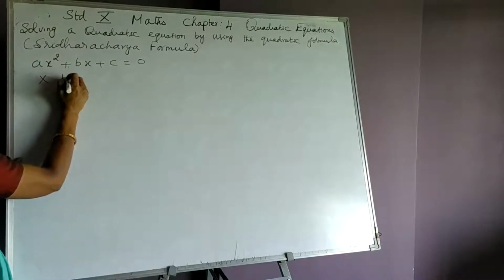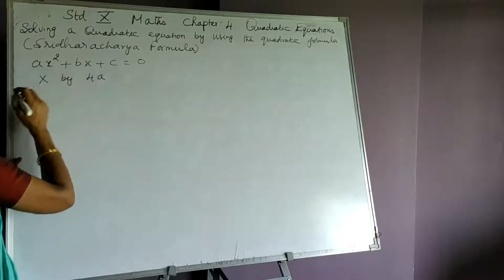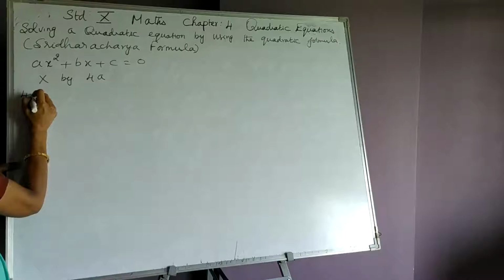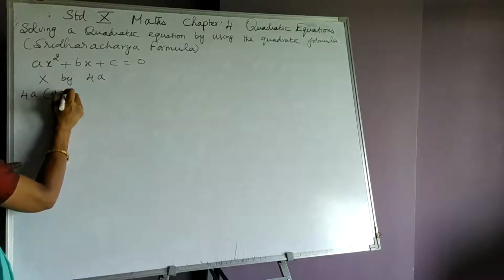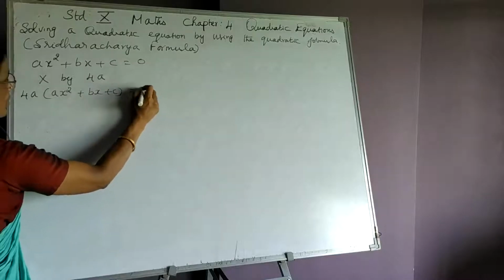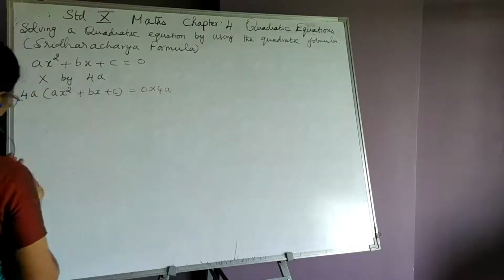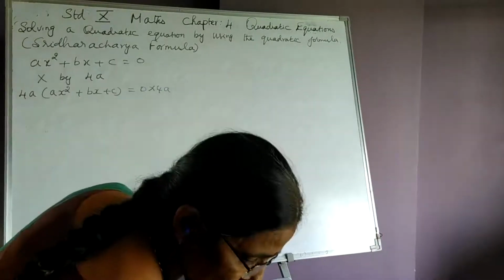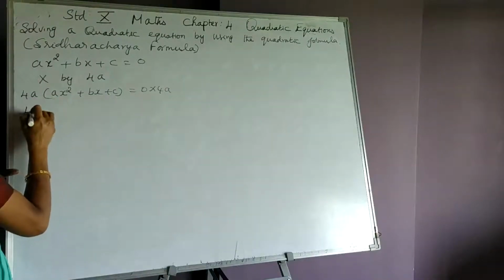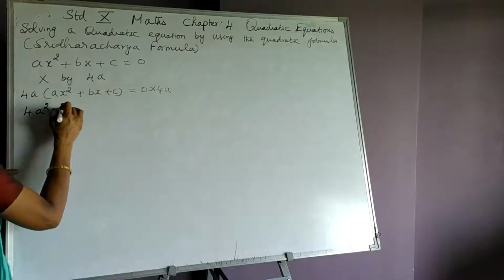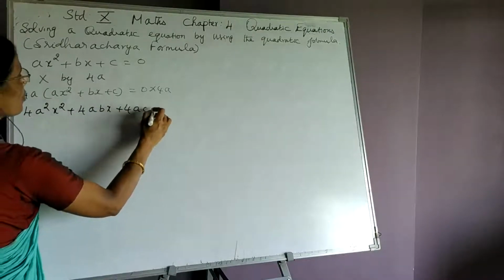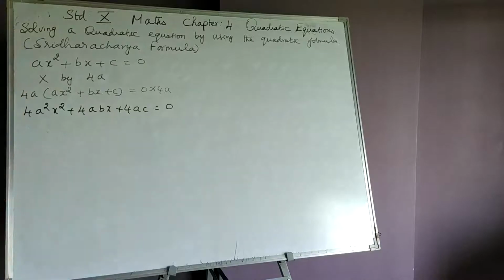Therefore, multiplying by 4a on both sides, we get 4a into (ax square plus bx plus c) equal to 0 into 4a. On both sides, we multiply by 4a. So carrying out the multiplication, we get 4a square x square plus 4abx plus 4ac equal to 0.